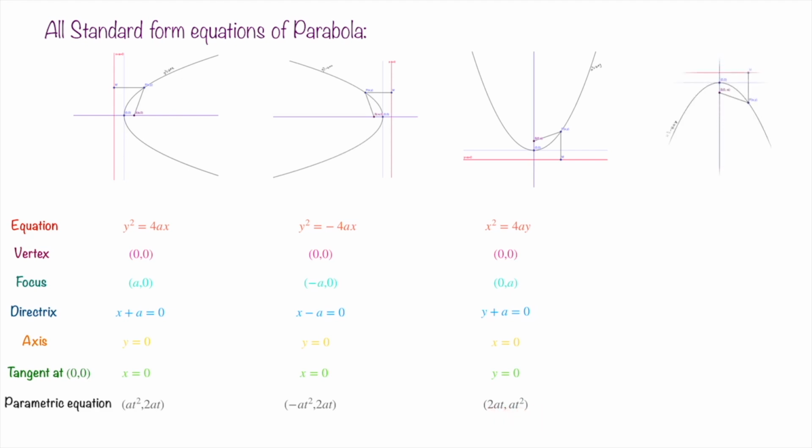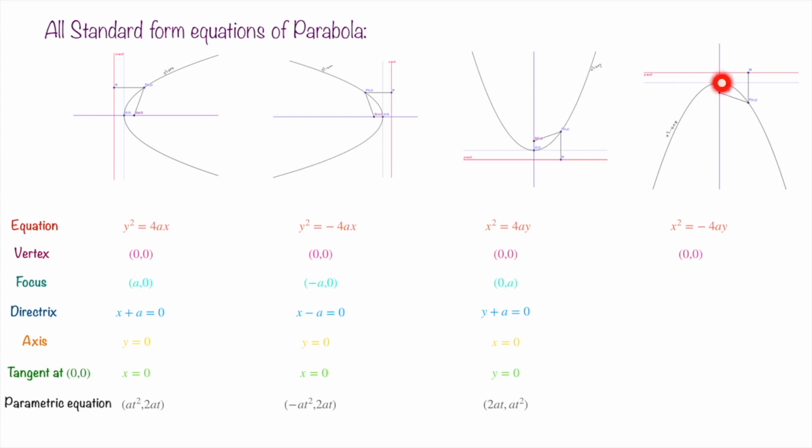Okay. Next, this is the parabola whose equation is x square equal to minus 4ay. Okay. You will derive this equation when you take focus to be 0 comma minus a, which is sitting on negative y-axis, and directrix to be horizontal line y minus a equal to 0.